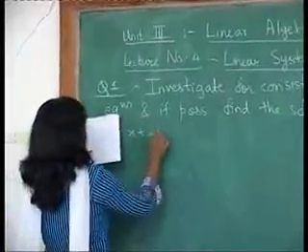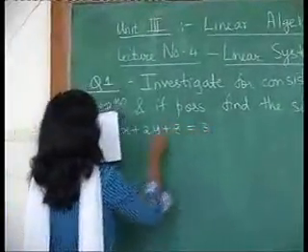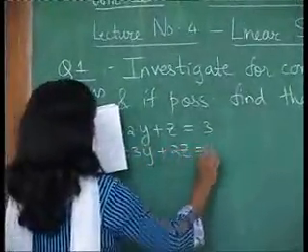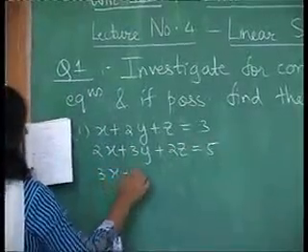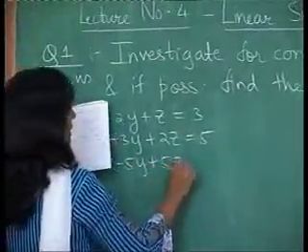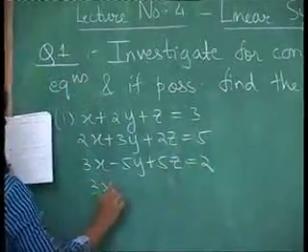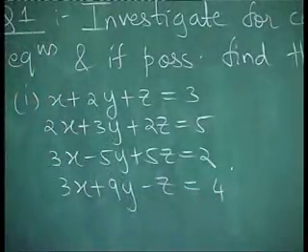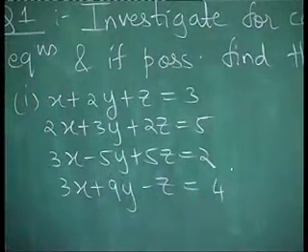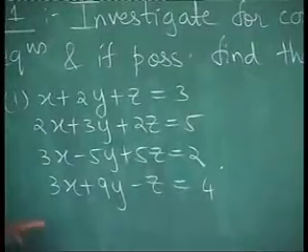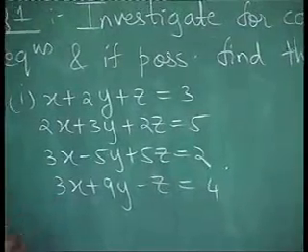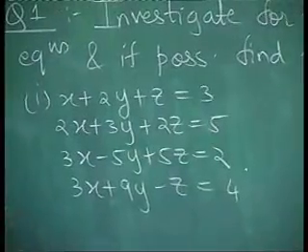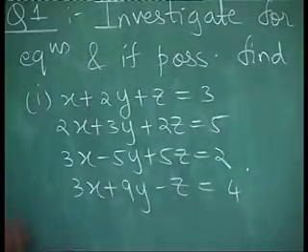Start with the system. x plus 2y plus z equal to 3, 2x plus 3y plus 2z equal to 5, 3x minus 5y plus 5z equal to 2, 3x plus 9y minus z equal to 4. So the question is whether the system is consistent or inconsistent. If it is consistent, does it have one solution or infinitely many solutions? And in that case, we need to find the solution or solutions.